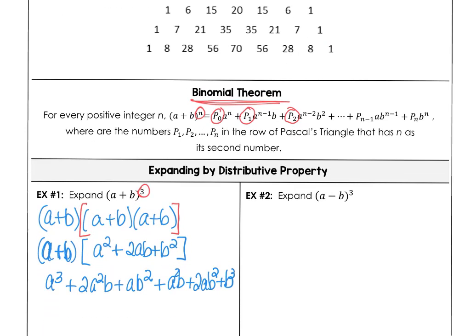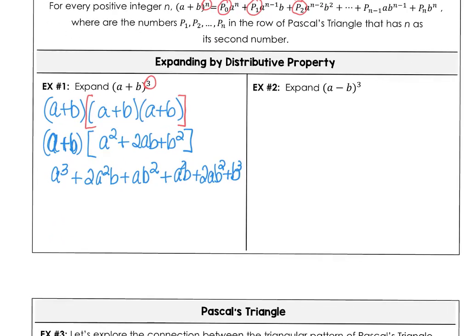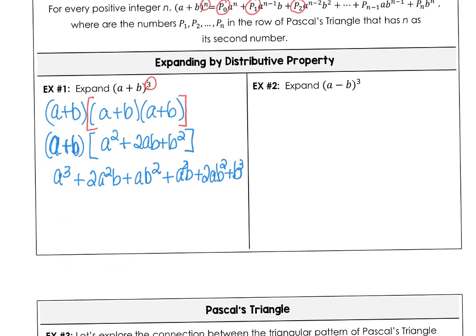are going to turn out to be the leading coefficients in our expanded binomial to the third power. So we would have a cubed with a coefficient of 1, and then 2a squared b and another a squared b gives us 3a squared b, and then ab squared and 2 more ab squareds gives us another 3ab squared, and then finally we have 1 b cubed term.